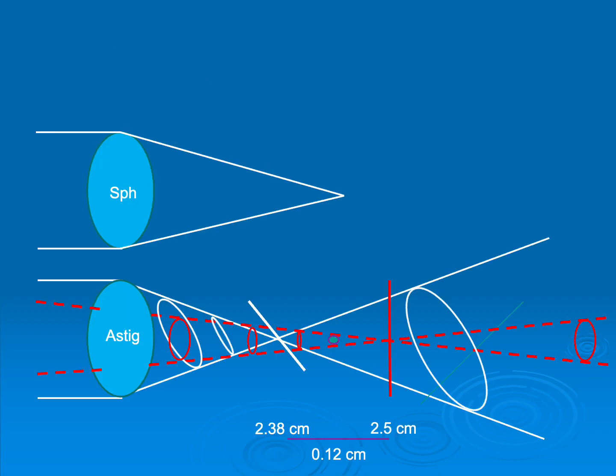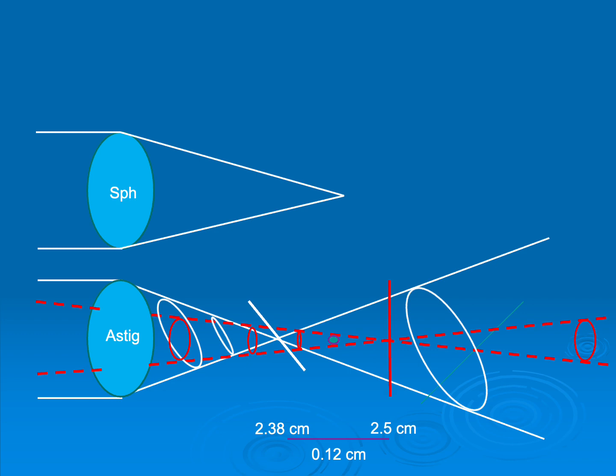So once again, you can see here in the bottom in this big messy diagram, we have the conoid of Sturm, and that purple circle there, the circle of least confusion, that is the spherical equivalent. That is our -3. And if we were just going to treat this patient with a sphere only, we would have given them -3, nothing better than that, if we only get to use one lens.